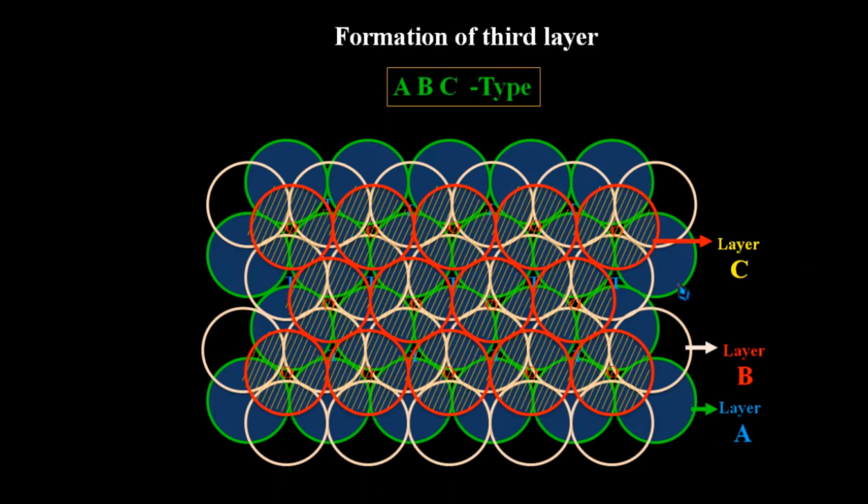So the A layer and the C layer are not identical, and the spheres of the B layer are not identical with the third layer. That means this third layer of spheres is totally different from layer A as well as layer B in arrangement. So this layer is called layer C, and this type of arrangement is called the ABC type of arrangement.